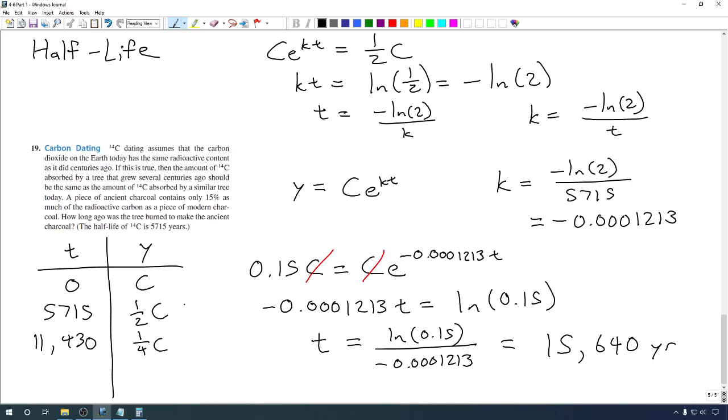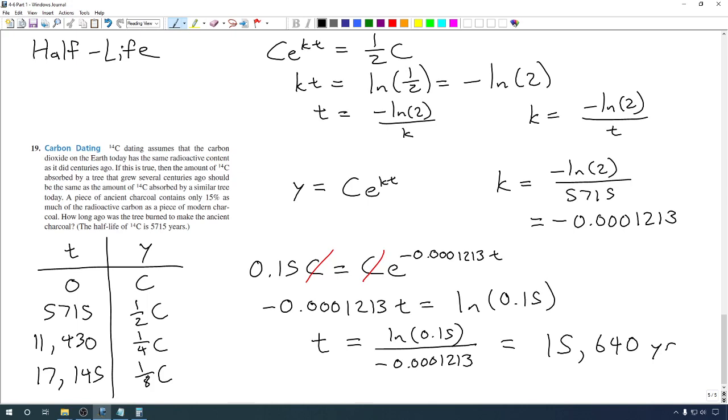So we started here, 1/2 of c. After that amount of time, we're at half of what we started with. The 1/2 of c needs another 1/2. If we go another stage and add on another 5,715 years, we're now at 17,145 years, but now we're down to an eighth.